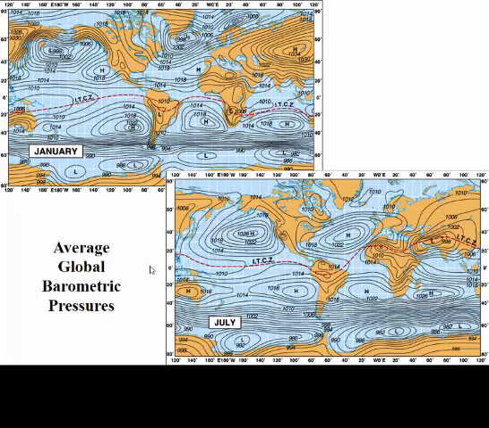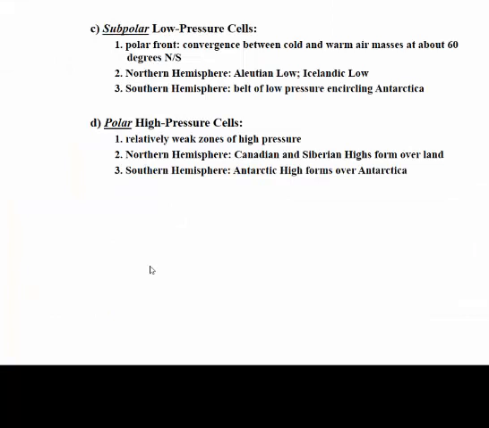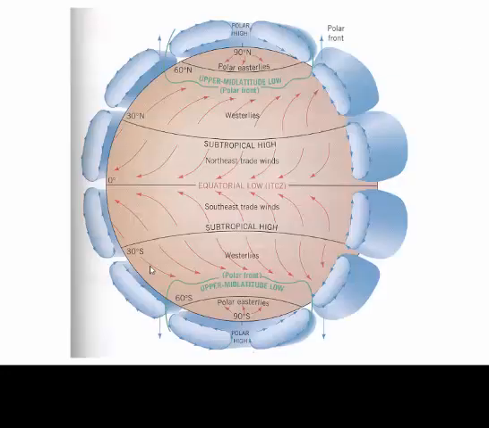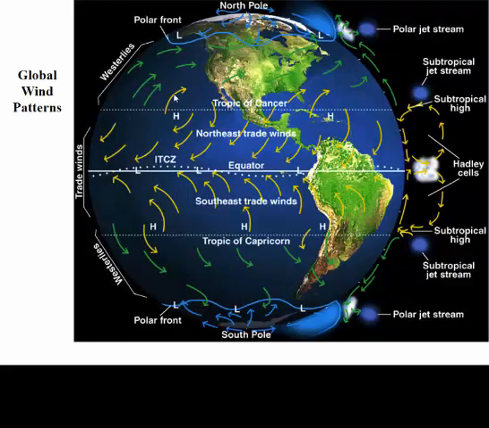So you can see in January, the average global barometric pressures, the subpolar highs, polar highs, subpolar low pressure cells, polar high pressure cells. So you can start to see these patterns and how we start to get the westerlies and subtropical highs and northeast trade winds. And so how in the United States we've got these trade winds coming down from the Tropic of Cancer or so down to the equator, but then they go back in the other direction.